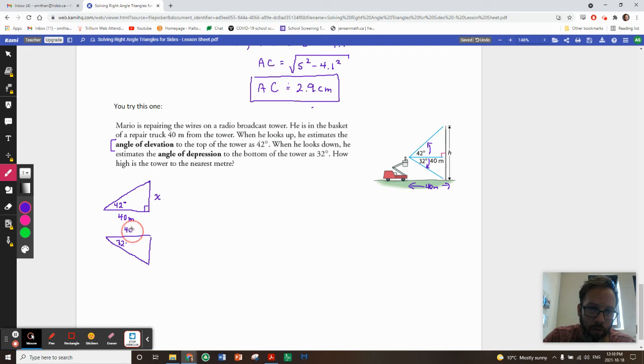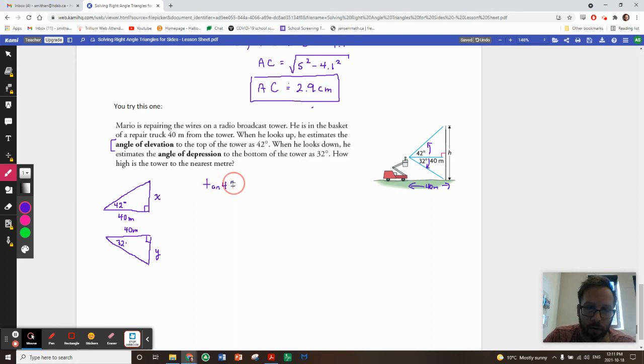Again, Mario is 40 meters from the tower horizontally, and I'm going to call this side Y. And if we want to know the height of the tower, we could just find the individual heights in both of these triangles and add them together, which is what we're going to do. And you'll notice that in each question, we have the adjacent side 40, and we're looking for the opposite side. So we're going to use tan both times.